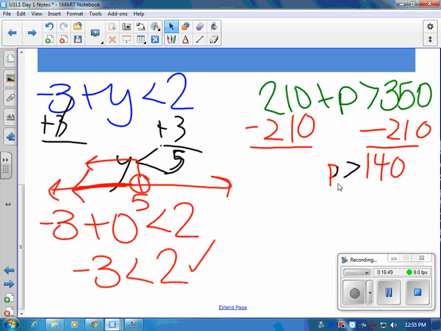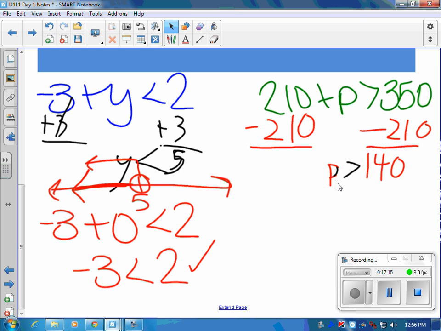What else do we need in our answer for this problem? We solved the inequality. We got the solutions. What do I need to do, Grace? I need to graph them. I need to have a number line and graph those inequalities. Does someone want to volunteer to go do that? Ethan, you want to go finish your problem? All right, go finish your graph for me.